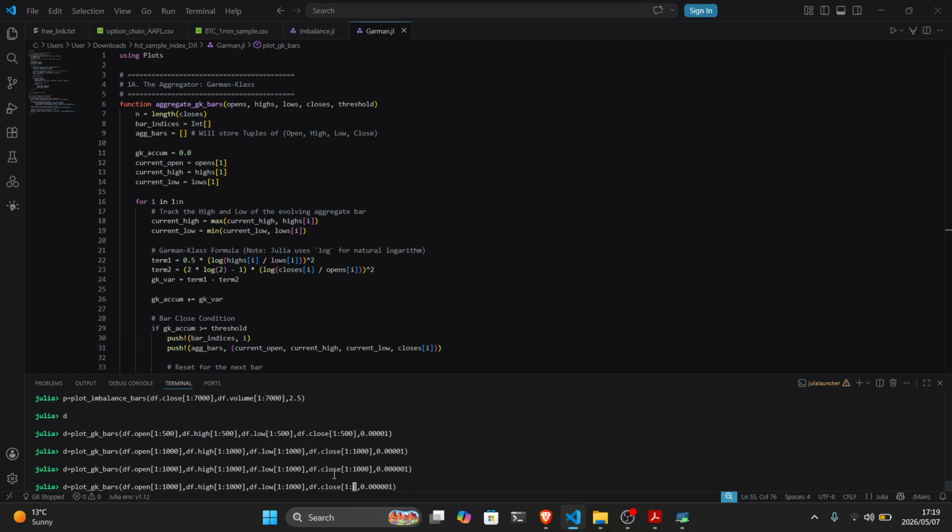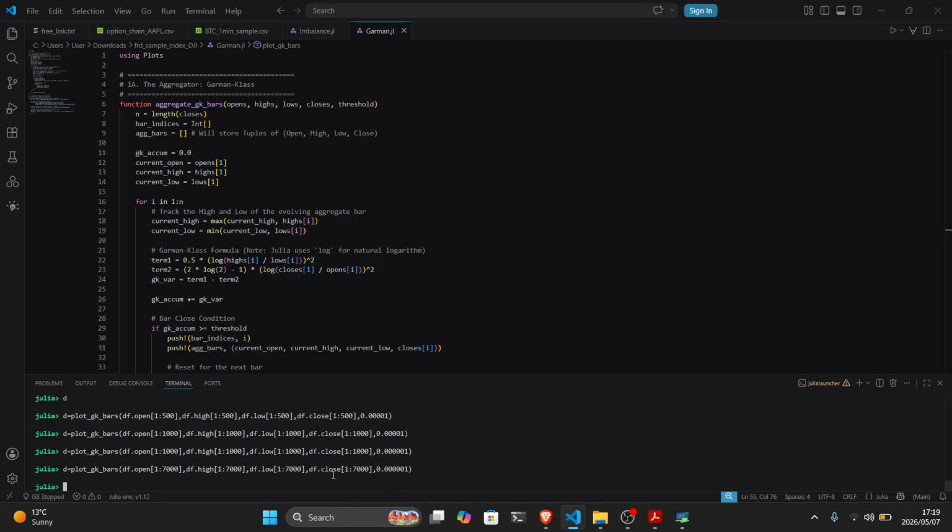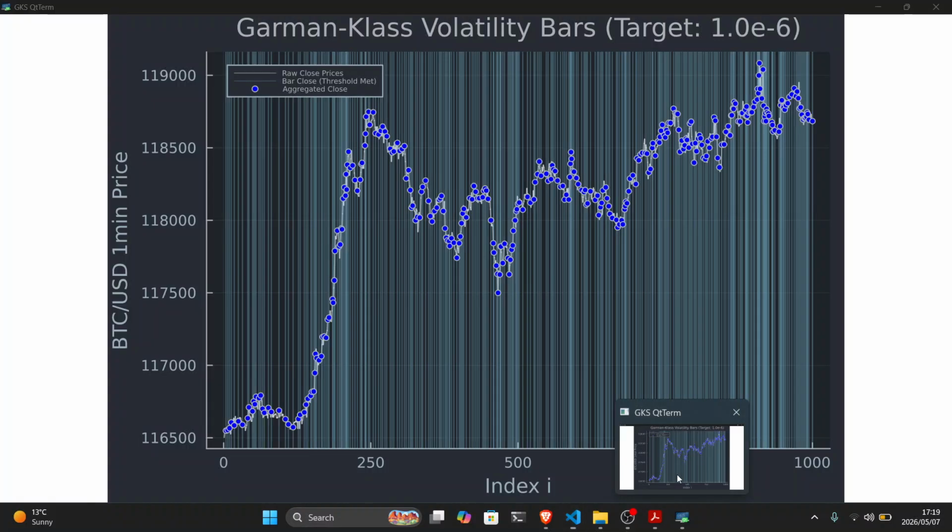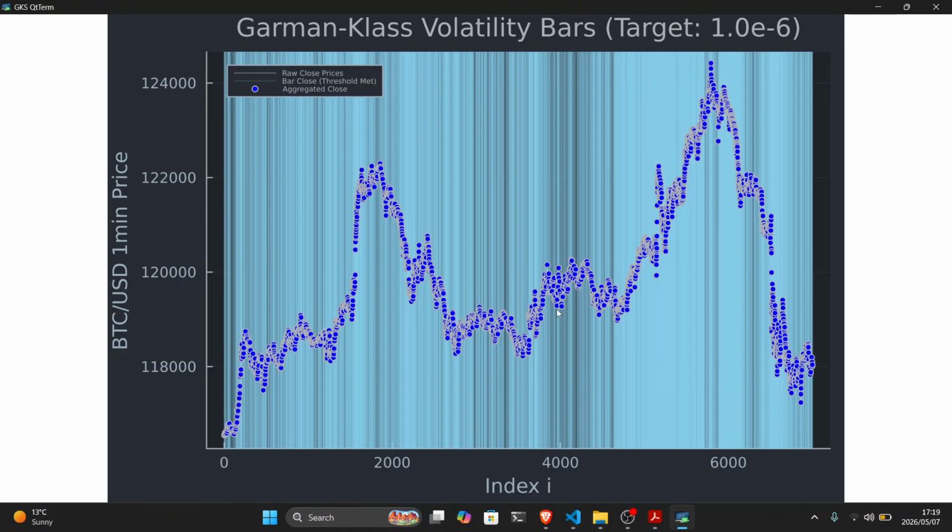I'm going to push it to 7,000, just to see how it looks. It's not really uniformly distributed because you can see there's periods where the close condition wasn't met.